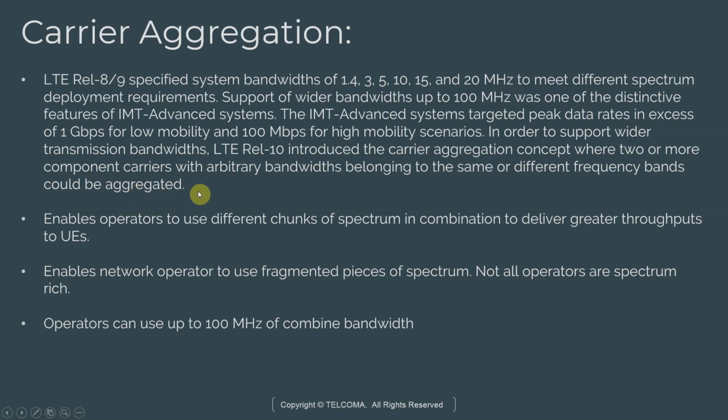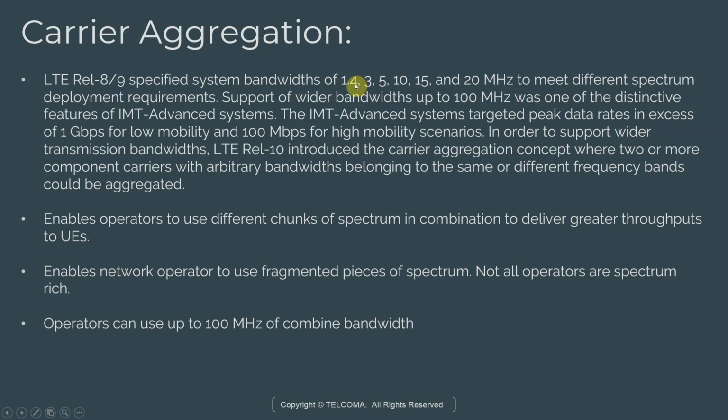So let's spend some time to understand what was conveyed in this paragraph. If you remember from an earlier lecture, LTE offers network operators a great deal of flexibility when it comes to deployment of frequencies.